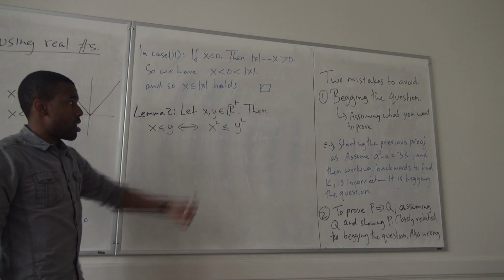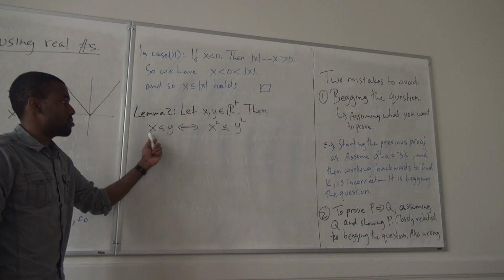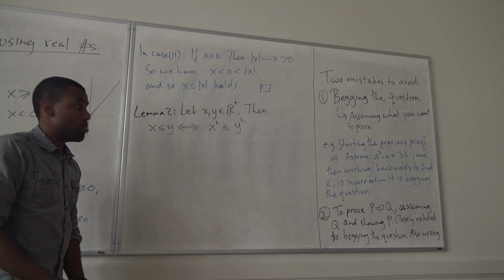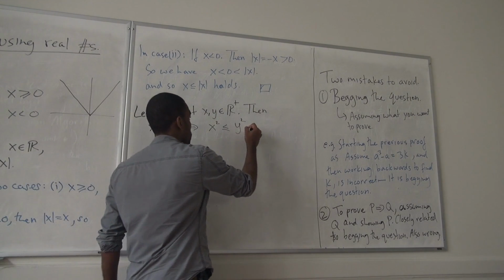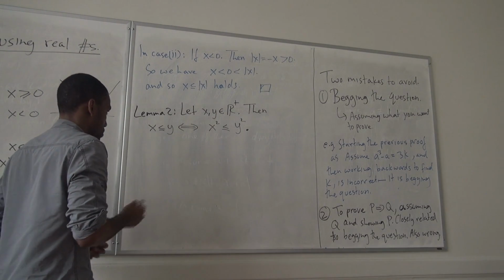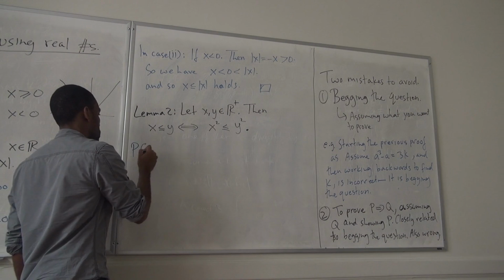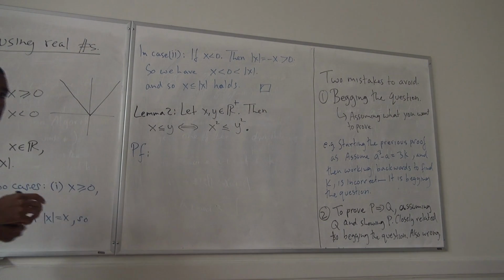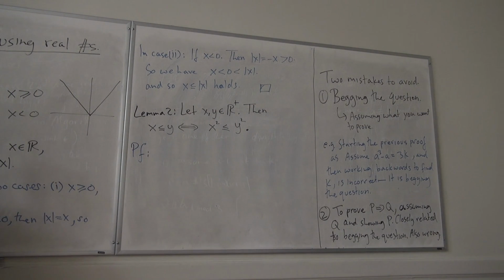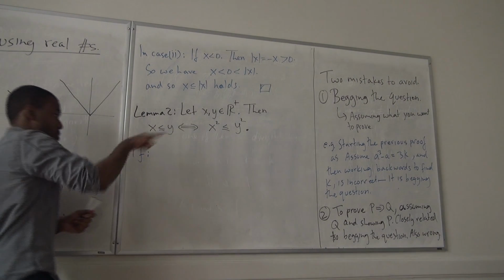So assume x and y are both positive numbers, then squaring them maintains their order. How would you prove it? Proof, direct. Okay, you want to do it this way first?